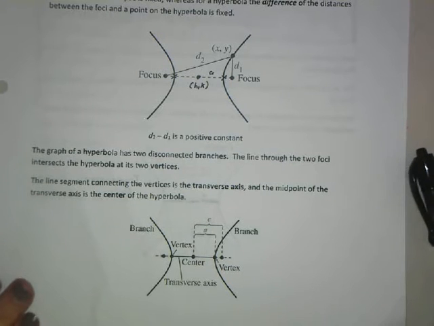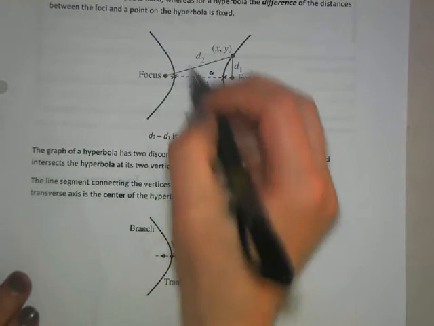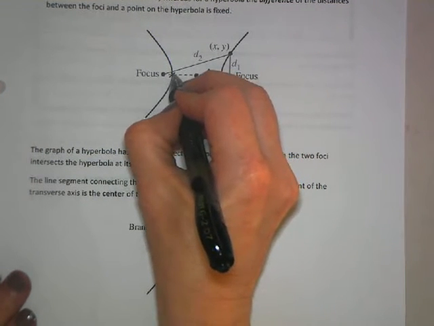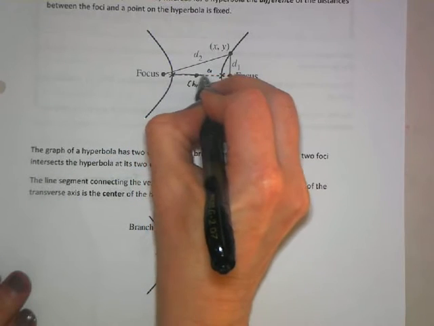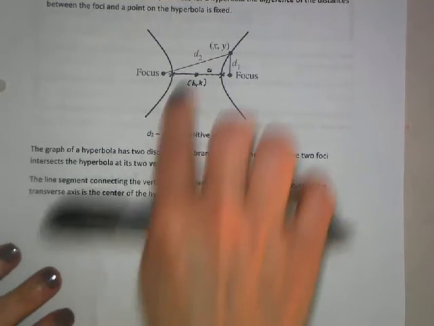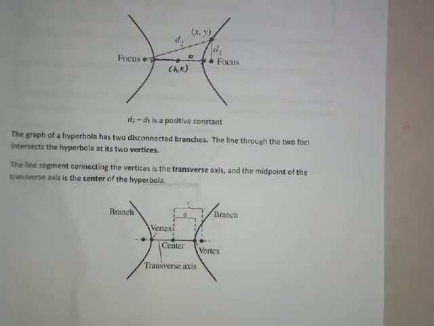The other thing that you should notice is a new term, transverse axis. The transverse axis is the axis that goes from a vertex to a vertex. Now on the paper here I'm showing a transverse axis. In both of these I'm showing a transverse axis that's horizontal.